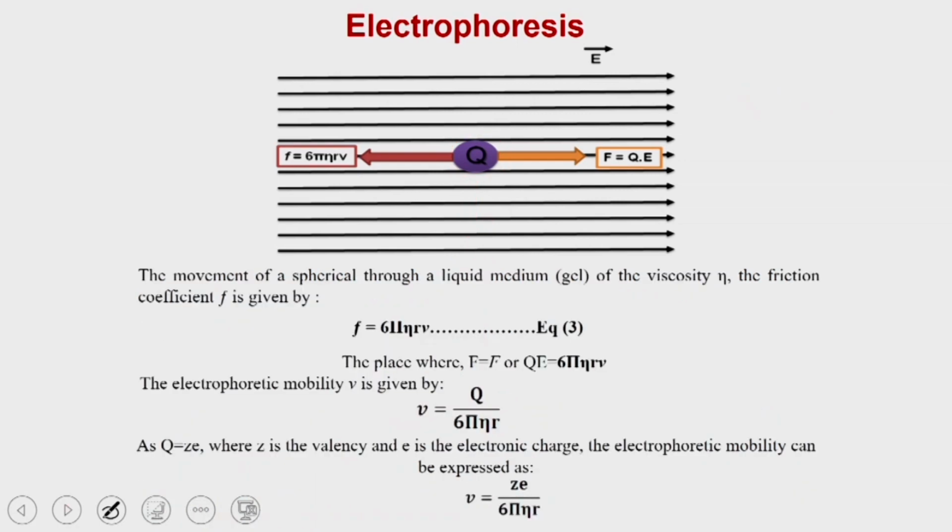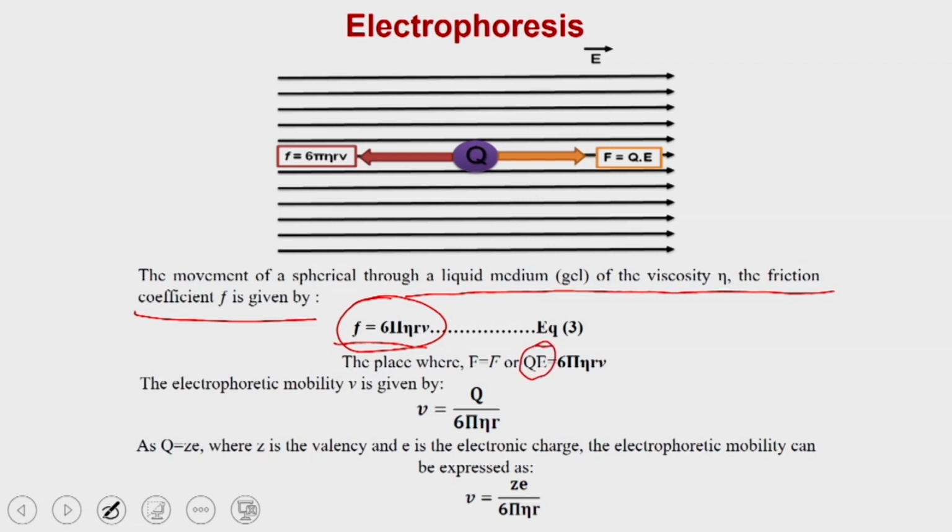For the movement of a sphere through a liquid medium with viscosity eta, the frictional coefficient f is going to be 6 pi eta r. So if you replace the frictional force, you get QE.